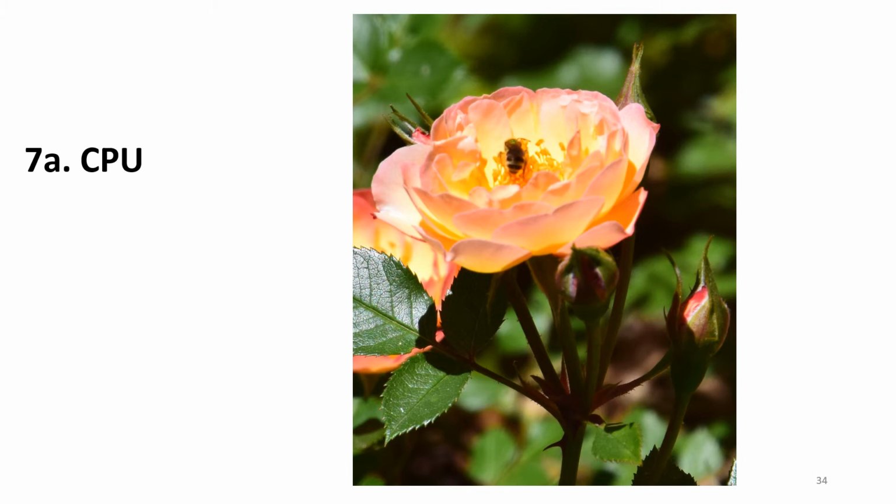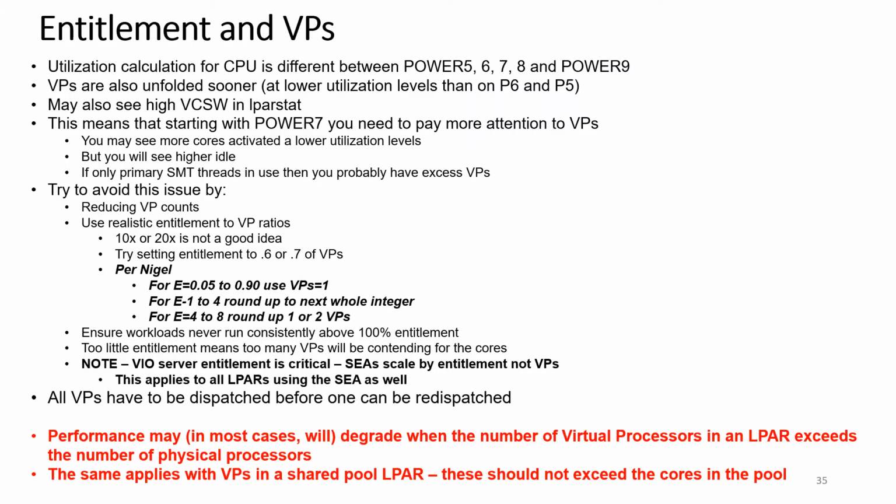So for the next couple of sections I'm going to talk a little bit about CPU and memory, and we're going to start with entitlement and VPs. In Power 5, 6, 7 and 8 and Power 9, they use different utilization calculations for CPU. The VPs get unfolded sooner.